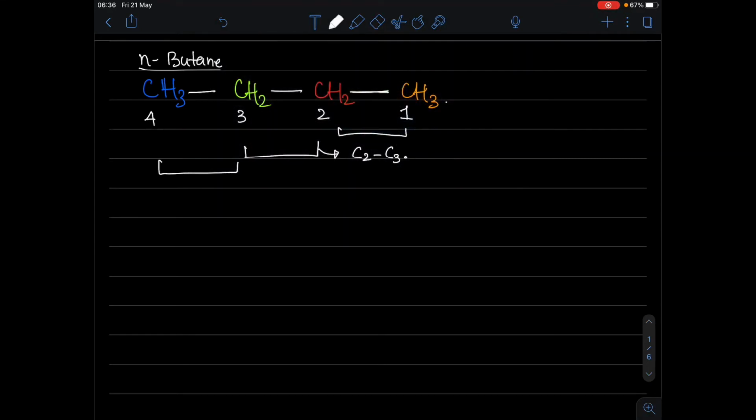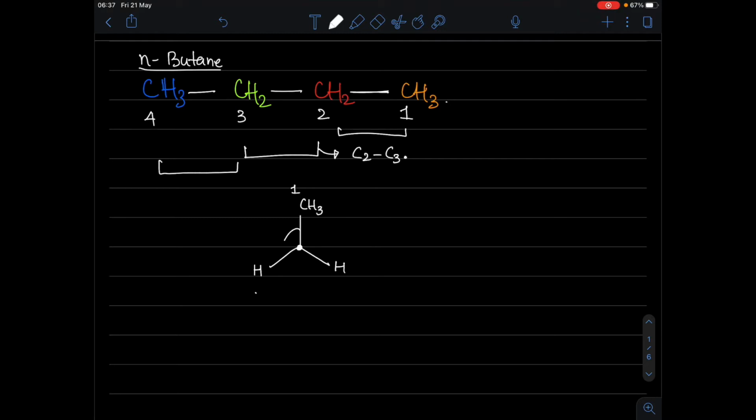Let us take the C2 carbon as the front carbon and the C3 carbon as the back carbon. So I'm writing here the Newman projection. That's the C2 carbon over here and it is connected to two hydrogen atoms. These two hydrogen atoms are the red hydrogen atoms, and the methyl group is orange in color.